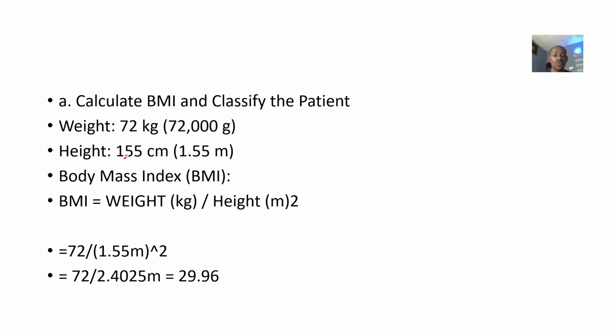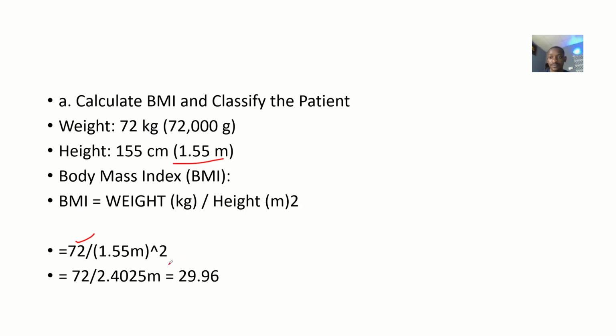Then her height was 155 centimeters. You convert it to meters, that's 1.55 meters. So what is the formula for calculating BMI? That's question 1, calculate BMI. You divide the weight of the patient by the height, but you square the height. The weight is 72 kilograms.